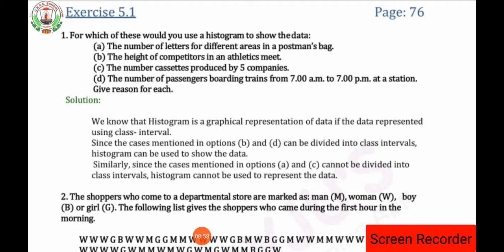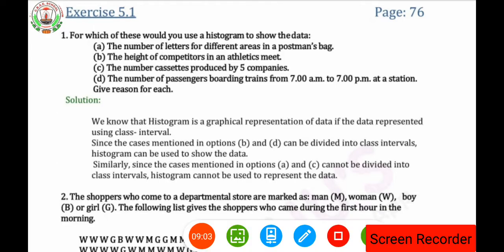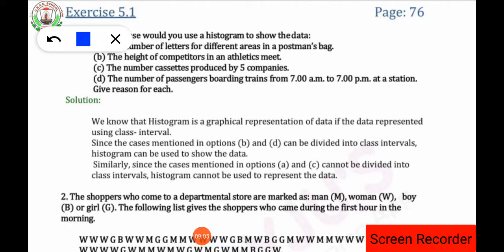Here students, what the question says is that we are going to use a histogram to show the data. That means these 4 conditions are given in your question, isn't it? For all those 4 conditions, can we use a histogram graph to show the data? Suppose a postman is going to different areas to distribute letters, isn't it?